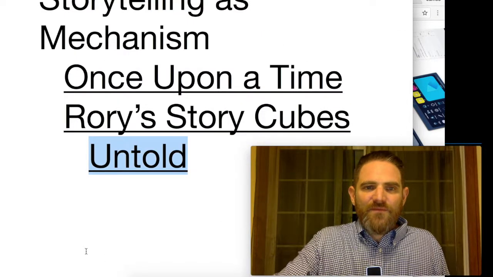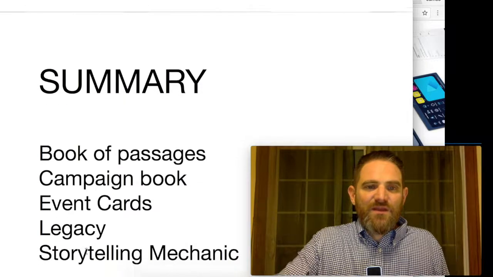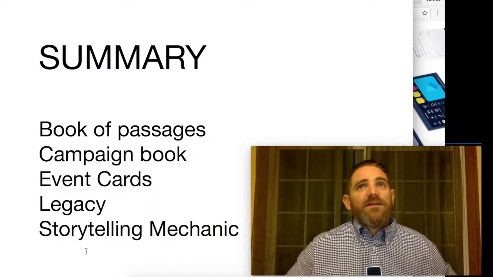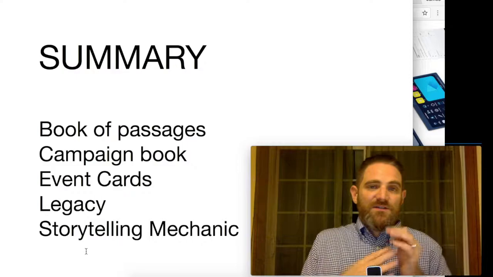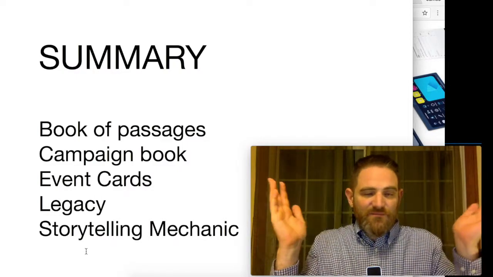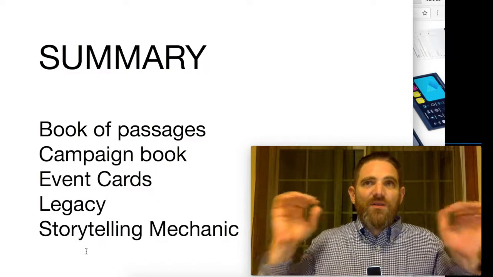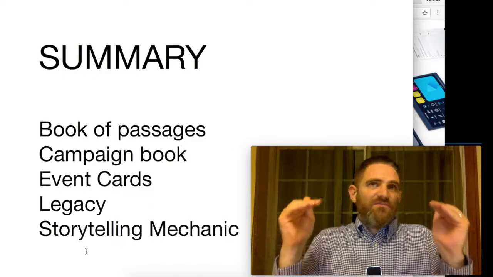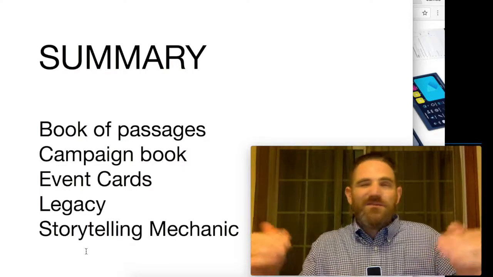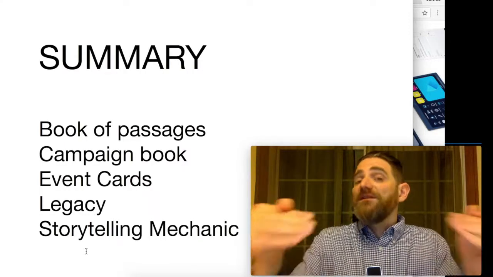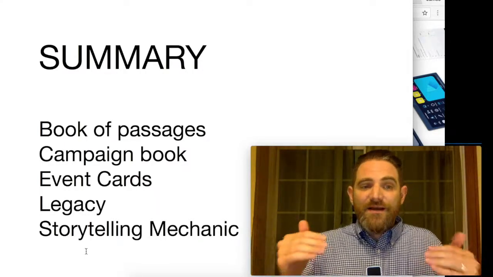Okay, that was a bunch of different mechanisms. To review, there are mechanisms out there, and there's probably more than these that I should be listing. If you can think of some, feel free to mention them in the comments. But there are board game mechanisms that are there for the purpose of pushing story, or they do other things too, but they also do a really good job of pushing story into the game.